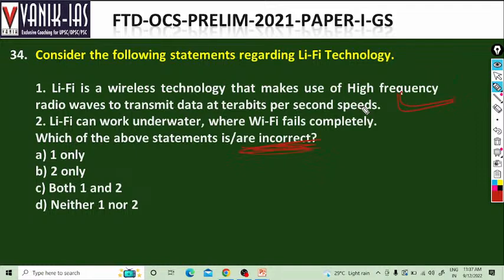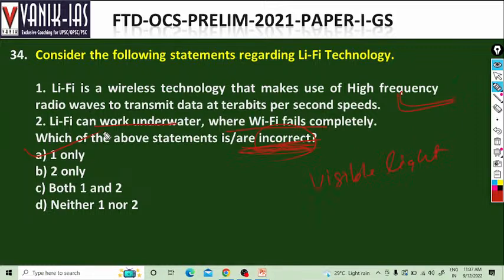It uses visible light. Li-Fi uses visible light. Li-Fi works underwater where Wi-Fi fails completely. Yes, this is right, but here it is asked what is incorrect. So one only is incorrect. Second statement is correct. Li-Fi can work underwater, especially in case of submarines.